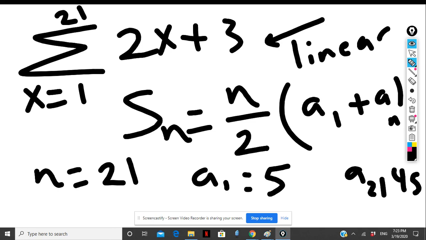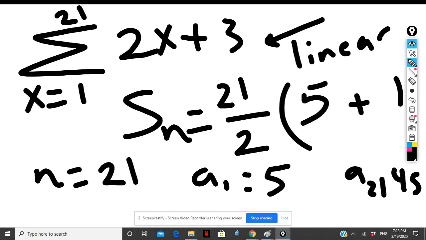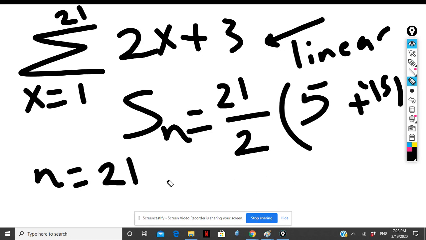Now I can plug into the formula. So n is going to be 21. The first term is 5. The last term is going to be 45. I can now finalize my calculations.